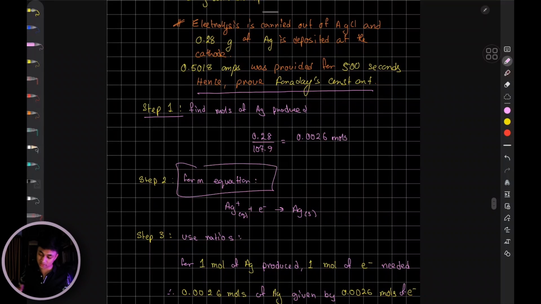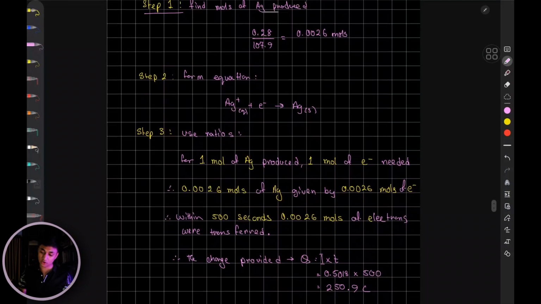Now form an equation for what is happening at the cathode. That is the half equation. So 1 mole of silver ion is going to gain 1 mole of electron to produce 1 mole of silver atom, right? Now, using the ratio, I can figure out that 1 mole of silver atom is produced when 1 mole of electron is given to 1 mole of silver ion.